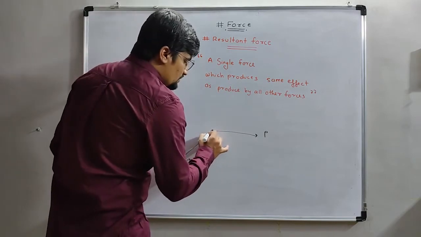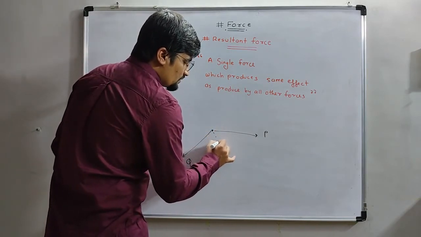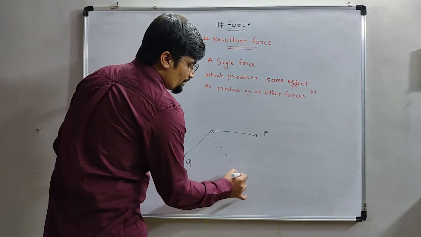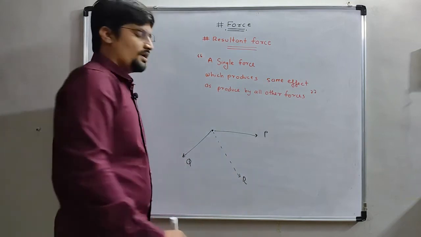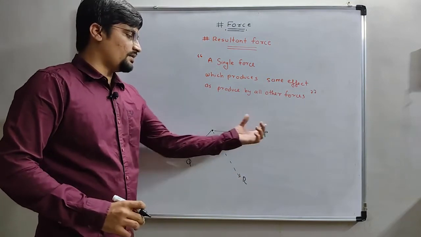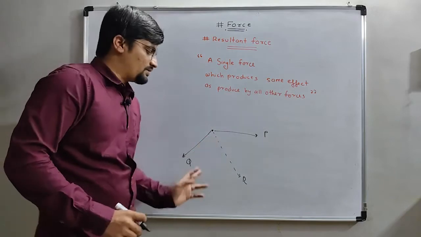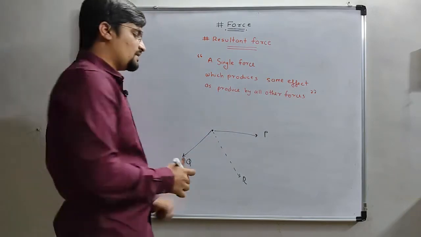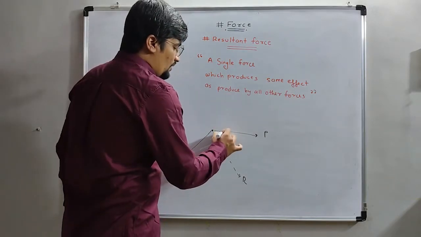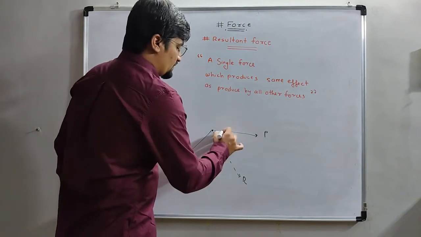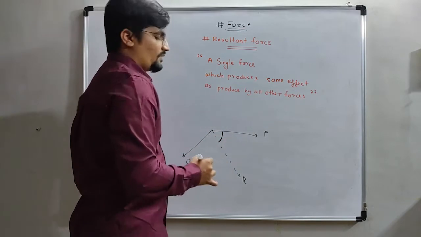The resultant of these two is here, which produces the same effect that is being produced by these two. Okay, and it makes an angle with the largest force, which is the bigger force.